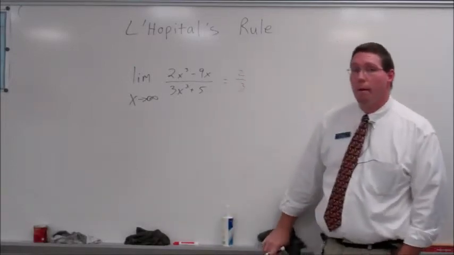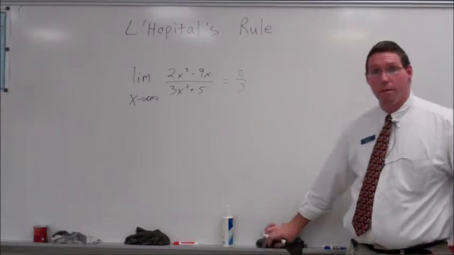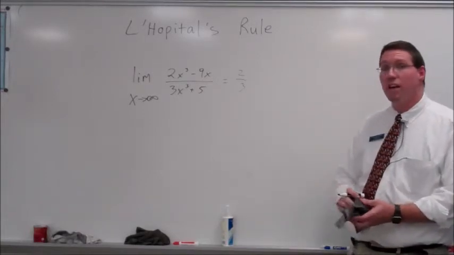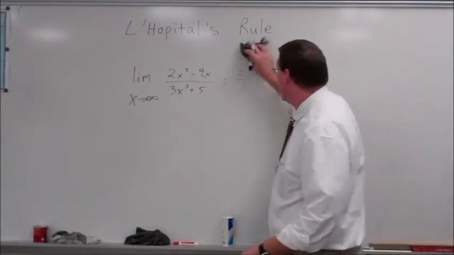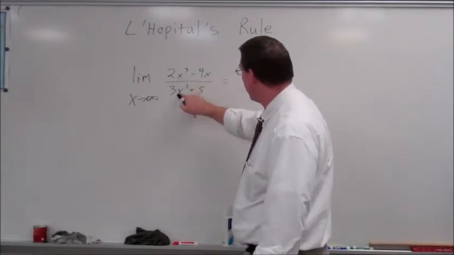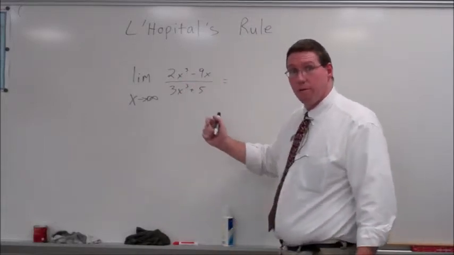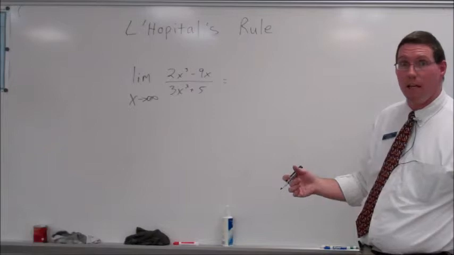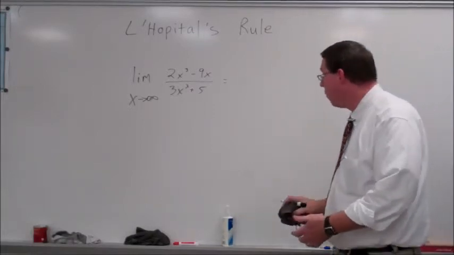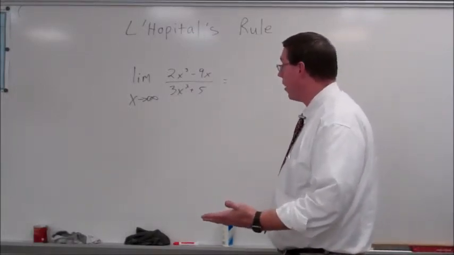Well, let's say you couldn't remember your rule on how to solve limits at infinity, and you couldn't remember which type this was. Well, when we substitute infinity, we get an indeterminate form. We can't really plug infinity in. Because it's an indeterminate form, we can use L'Hopital's rule.